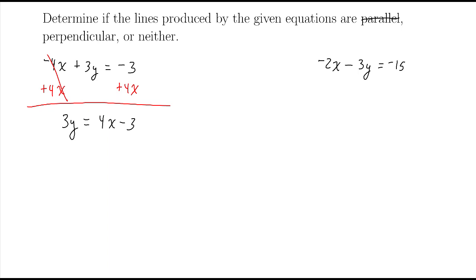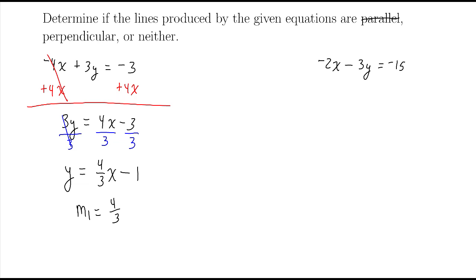Let's divide by 3 to get the 3 off of that y. 3 divided by 3 is 1, and 1 times y is just y, equals 4/3 x minus 3 over 3, which is 1. So we know the slope of the first line is 4/3.